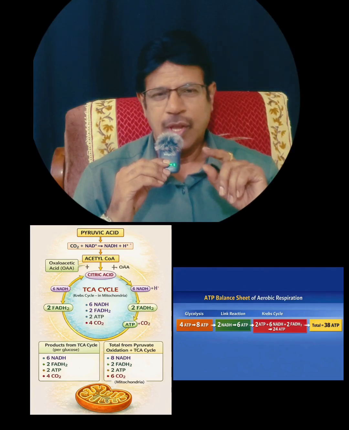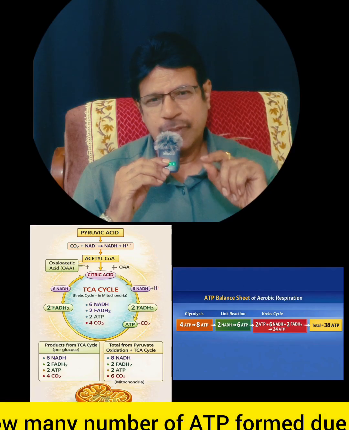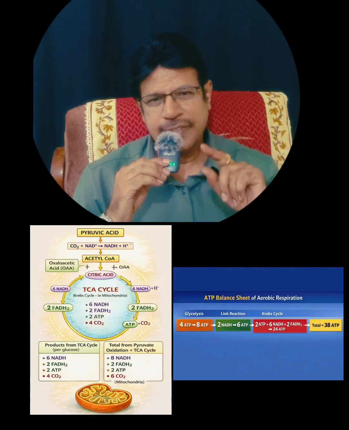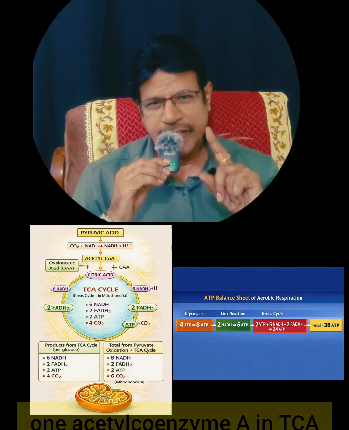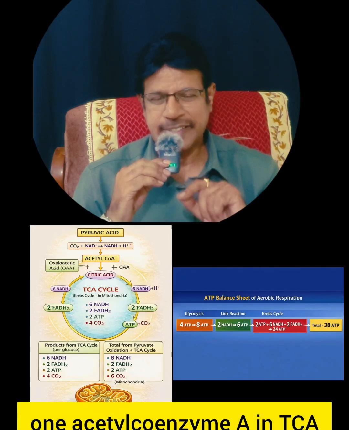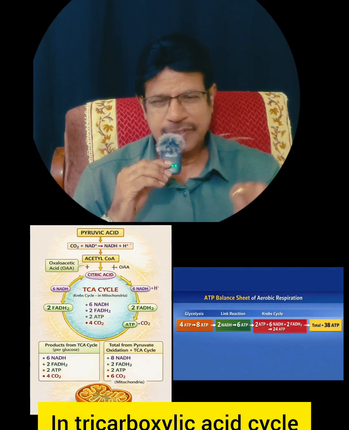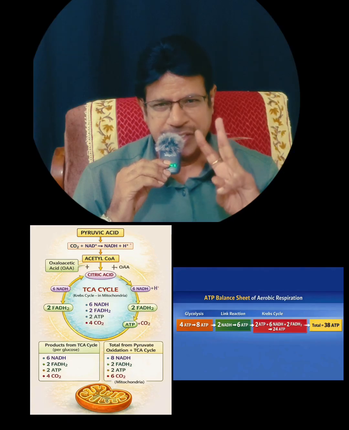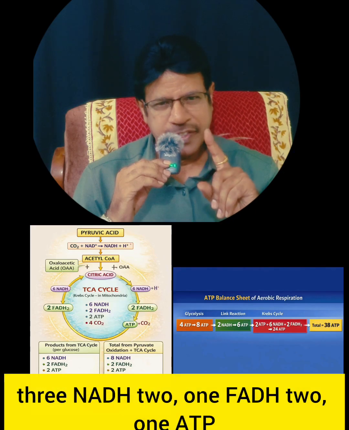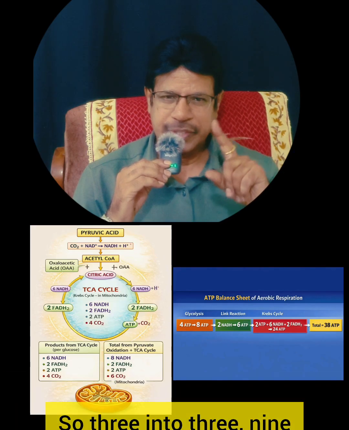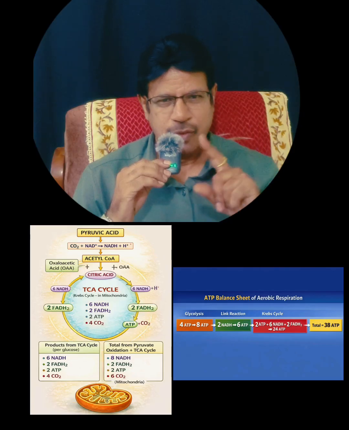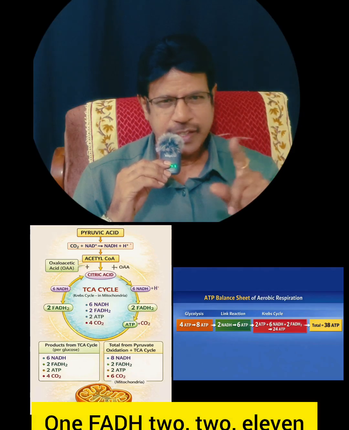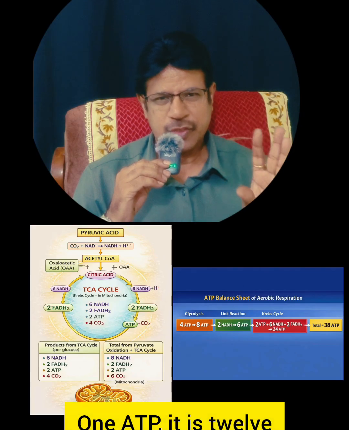Next. How many ATP are formed due to oxidation of one acetyl coenzyme A in TCA? In the tricarboxylic acid cycle, 3 NADH2, 1 FADH2, 1 ATP. So 3 into 3, 9. 1 FADH2, 2, 11. 1 ATP, it is 12.